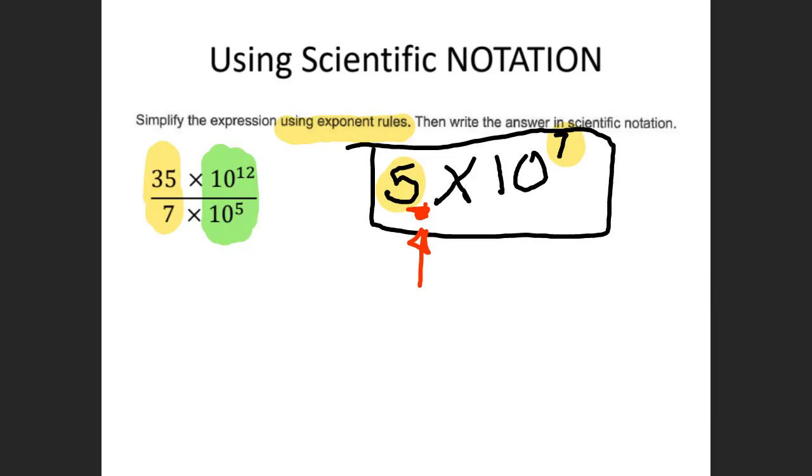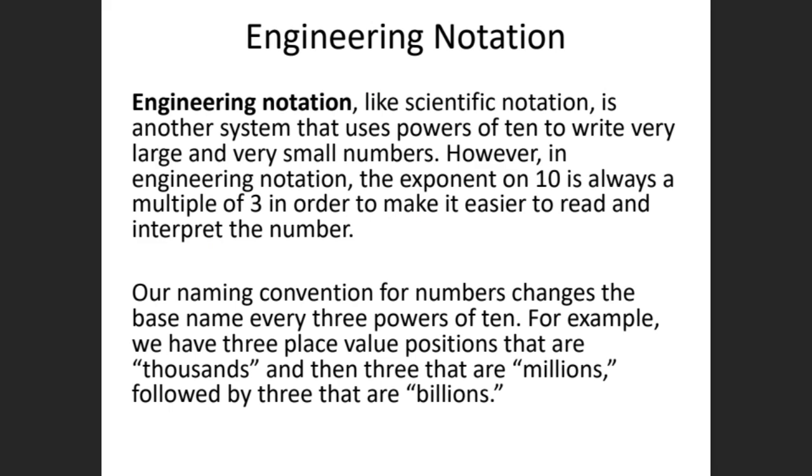Okay. Now, this is for ye who like to be computer programmers. This is called engineering notation. It's slightly different than scientific notation. Scientific notation has those two rules. Power of 10 must be a whole number. Now it can be a positive, a negative, or it can be 0.